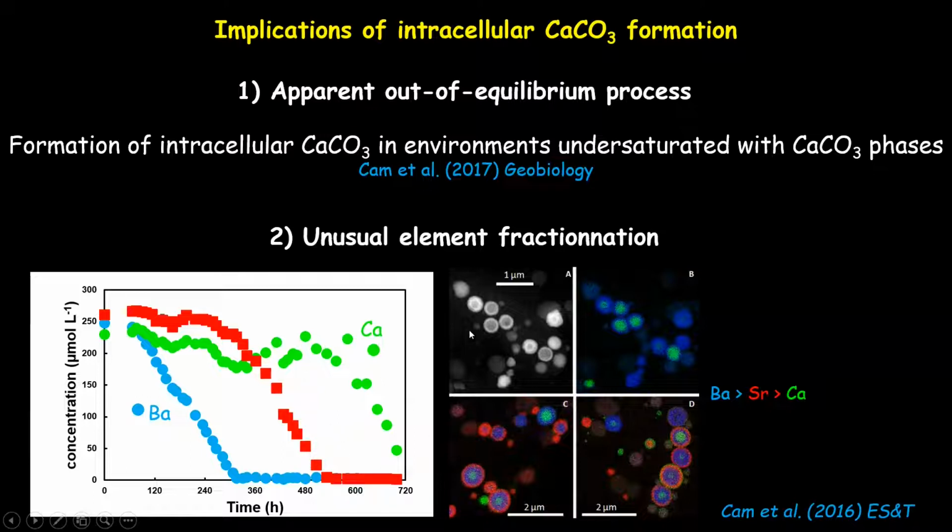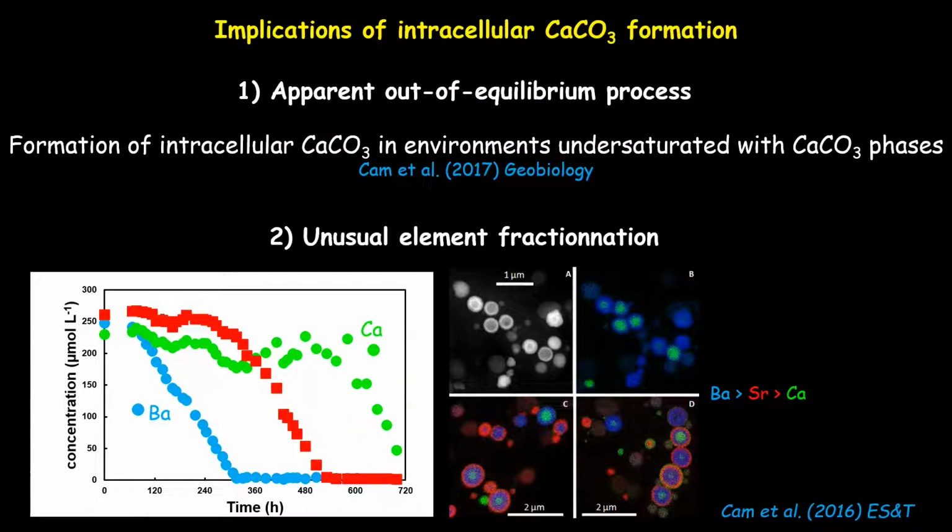Which means that, and we could observe by electron microscopy, we have layered carbonate inclusions with layers of barium carbonate, then strontium carbonate, then calcium carbonate. So that means that when those bacteria look at these different elements, which are all alkaline earth elements, in the same column of the Mendeleev classification table, and have relatively similar chemical behaviors, they are able to really efficiently discriminate between them, which is pretty unusual.